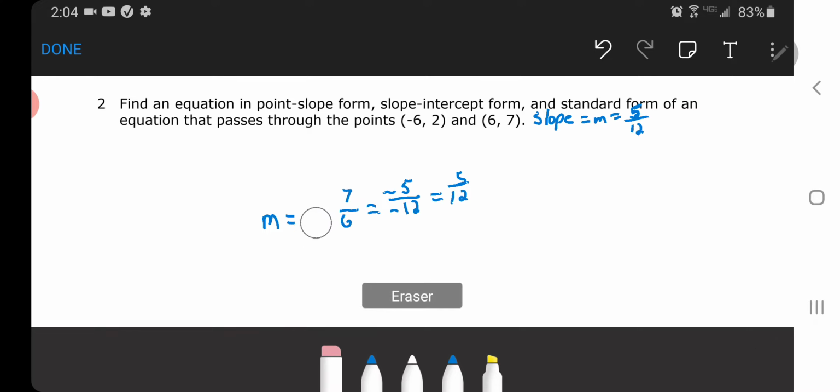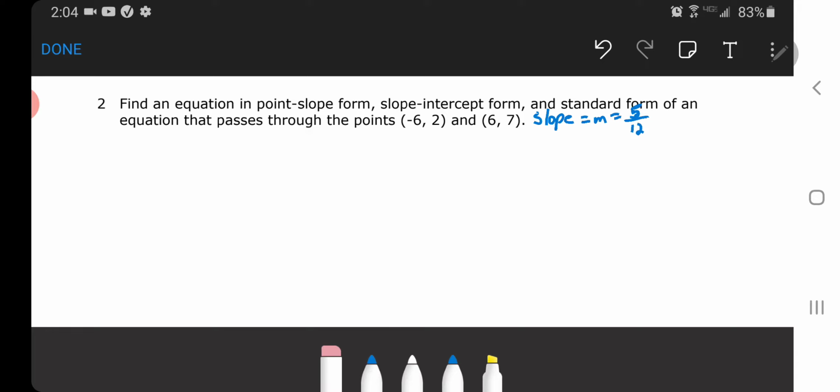Okay, so like we did before in the previous problem, to find my point slope form, we're going to go y minus y1 equals m times x minus x1. You remember the definition that said any given point, so it doesn't matter whether I use this point or this point right here. I can call one the x1 y1, or once again you're going to get the same result.